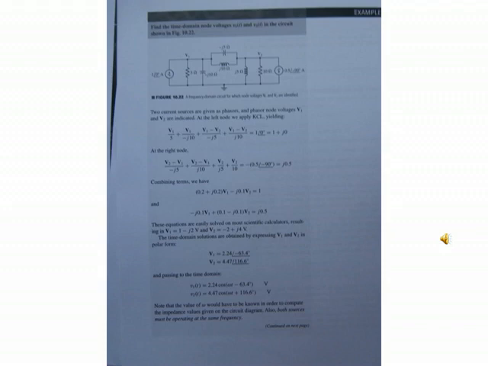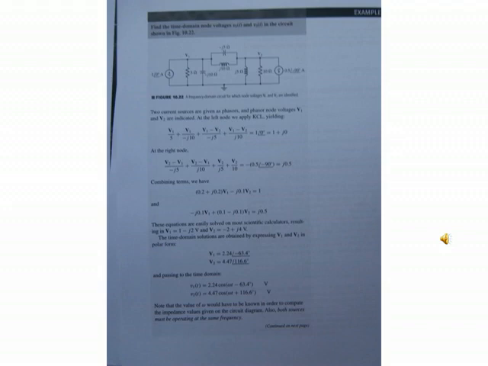These currents are equal to the source current 1 angle 0, or 1 plus j0.